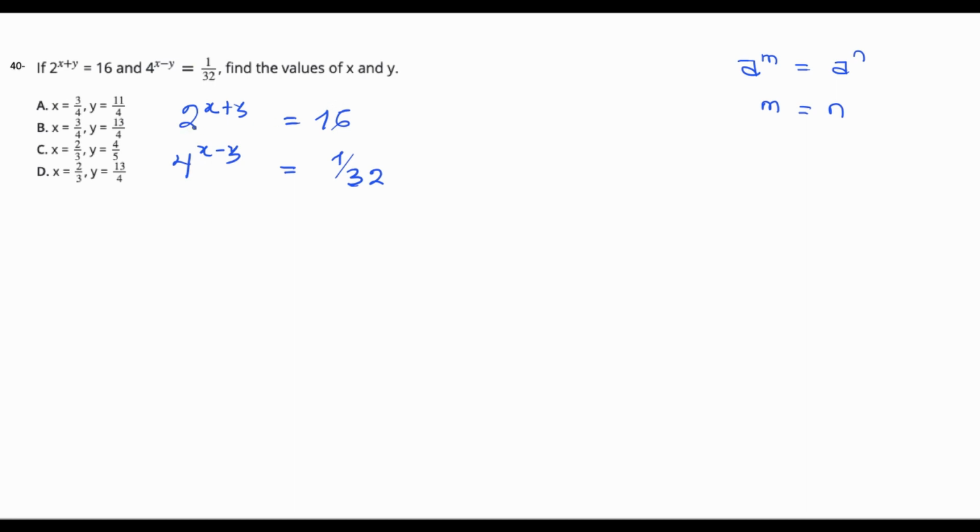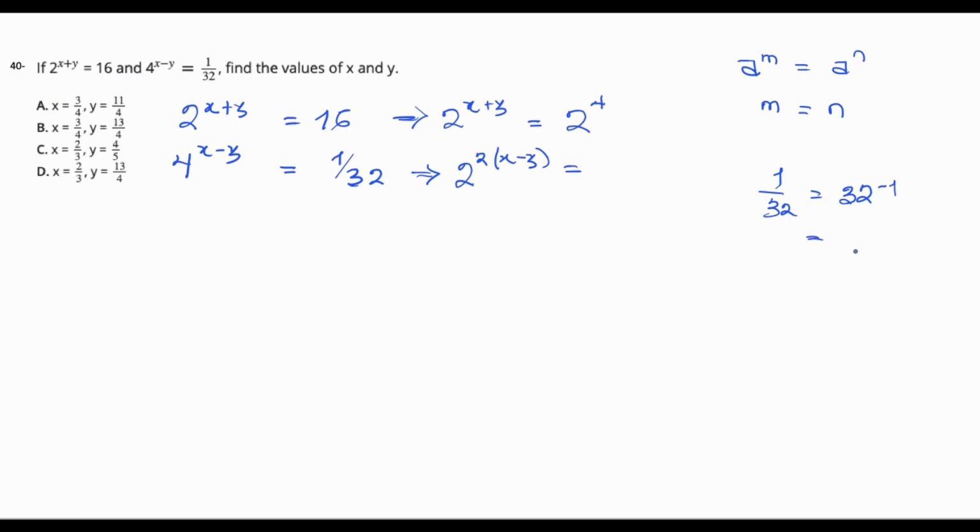So if we apply that here, we would have that 2 raised to the power x plus y is equal to 16, which is equal to 2 raised to the power 4. And we know that 4 is equal to 2 raised to the power 2, but we still have our raised to the power x minus y. And 1 over 32 is the same as saying 32 raised to the power minus 1.